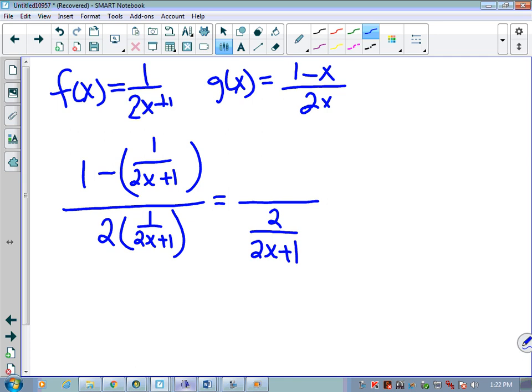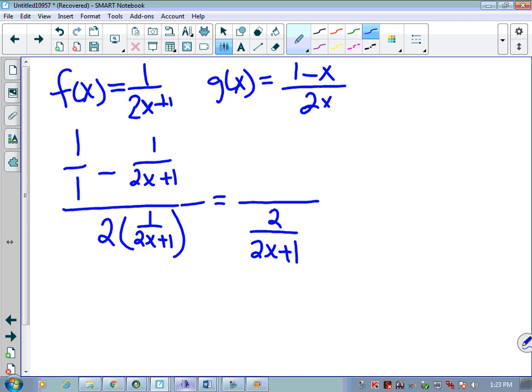Because it's just two fractions being subtracted, it is possible to do away with that set of parentheses and look at this as 1 over 1 minus 1 over 2x plus 1.